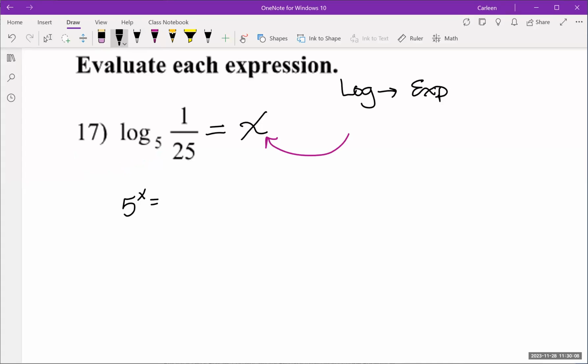And what is the answer? 1/25. Yeah. Okay, let's get a common base. 5 to the x equals 1/5 squared. Doing this the long way. 5 to the x equals 5 to the negative 2. Cross the line, change the sign. So x is equal to -2.